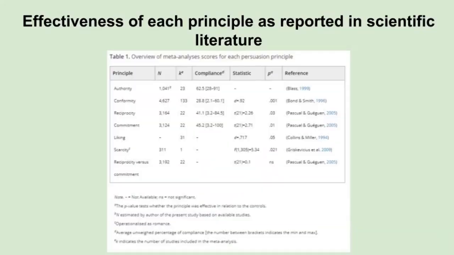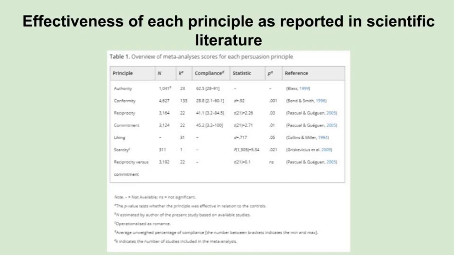If you want to see the effectiveness of each principle broken down, when they went through various scientific literature on the effectiveness of it, the p-values, which is a statistical measure on whether there's an actual effect there, they found all of them reached statistical significance.